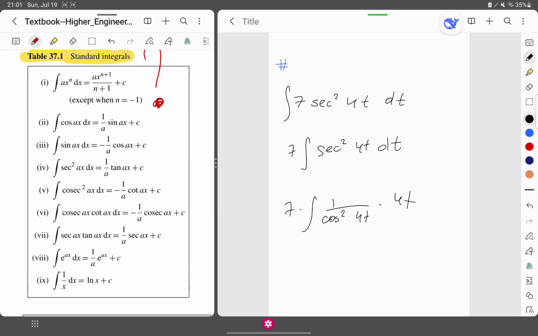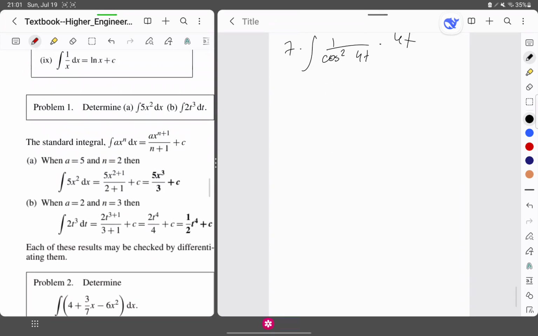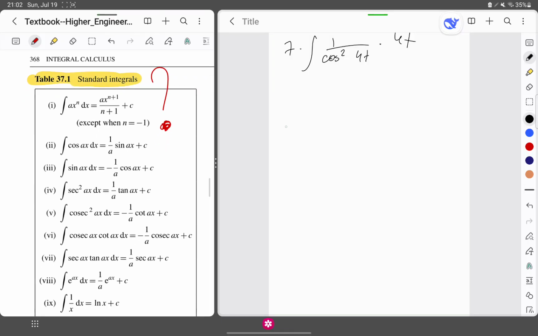Secant square is 1 over a, tan ax. Okay, but if I don't know this one, I could say that secant square ax dx is 1 over cosine square ax dx, and this will be tan ax, like this.